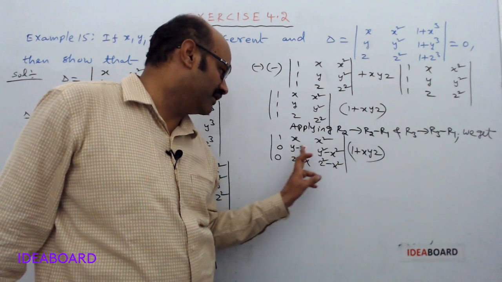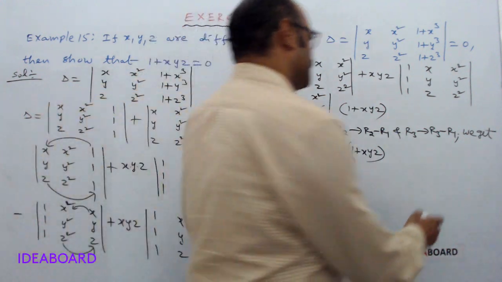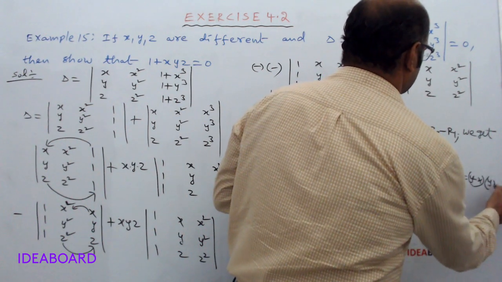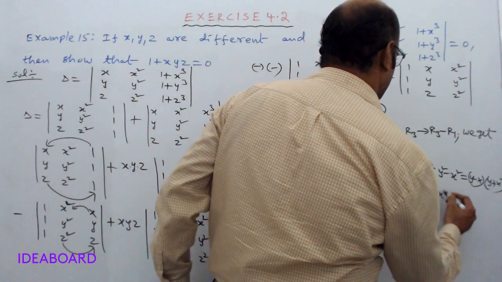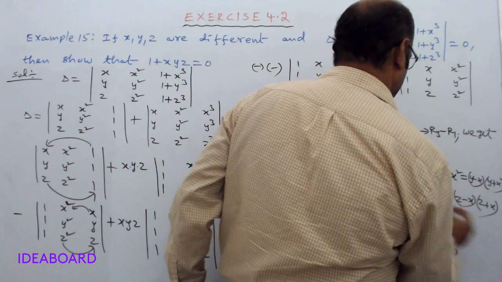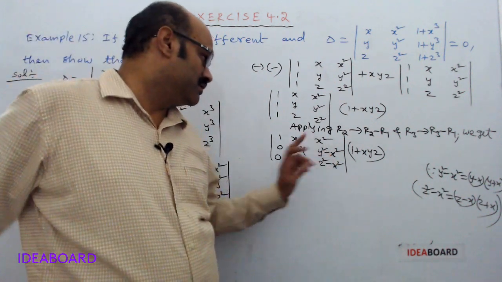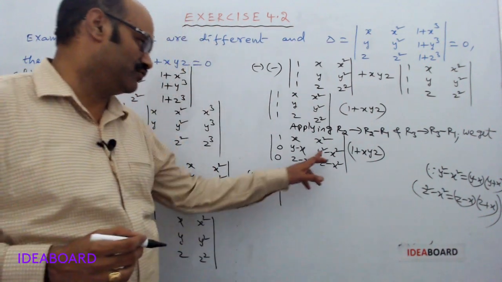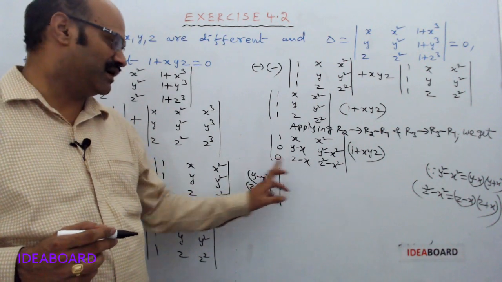we can take the common factor y minus x from R2. y square minus x square can be taken as y minus x into y plus x. Similarly, z square minus x square can be taken as z minus x into z plus x. Now take common factor y minus x from R2 and z minus x from R3.